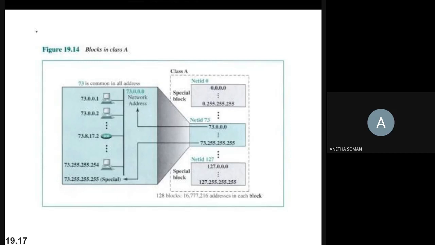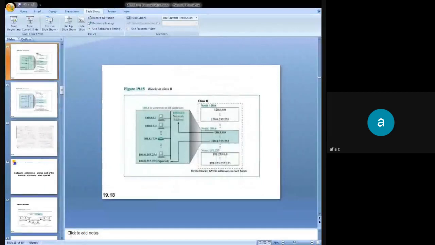So look at the last block. The last block will have addresses varying from 127.0.0.0 to 127.255.255.255. Now what is the network ID here in class A? Which byte denotes the net ID? First byte.